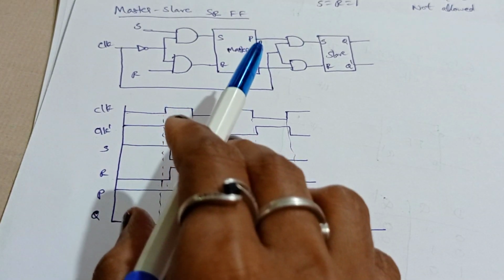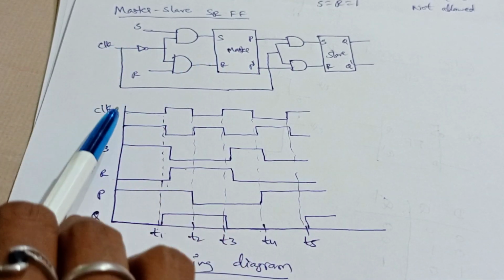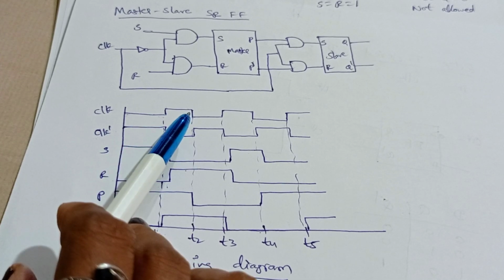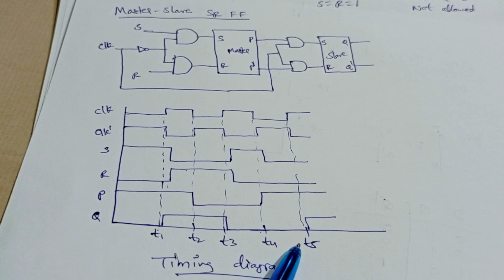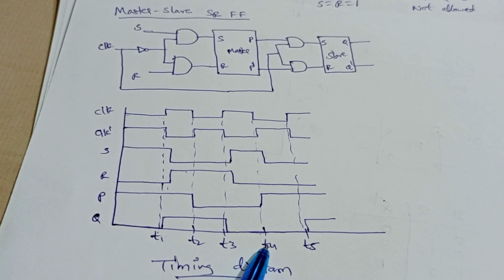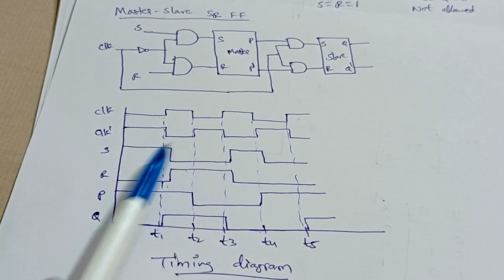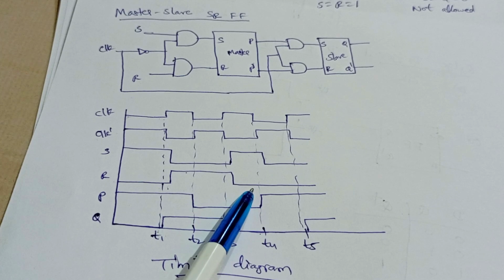For the master-slave flip-flop, if the input changes while the clock is low, the flip-flop output may be incorrect. For example, at time t4, S is equal to 1 and R is equal to 0. P changes to 1.